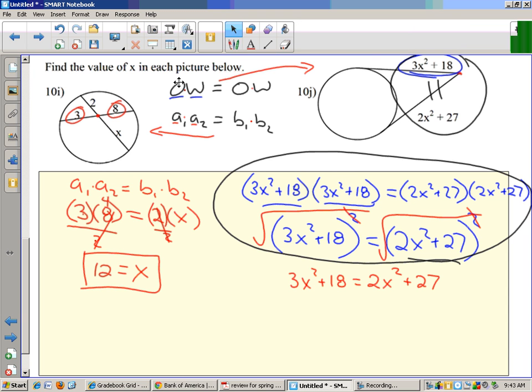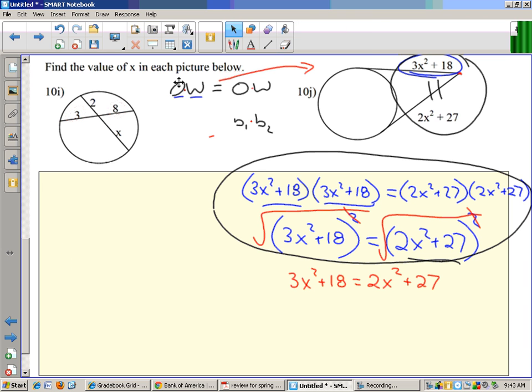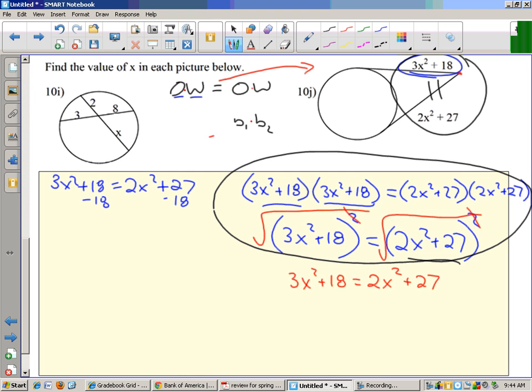Okay, I'm going to erase over here so that I can work this. So 3x squared plus 18 equals 2x squared plus 27. And to solve this, I'm going to subtract 18 from both sides, and subtract 2x squared from both sides. And what should I do to solve this now? Square root both sides.